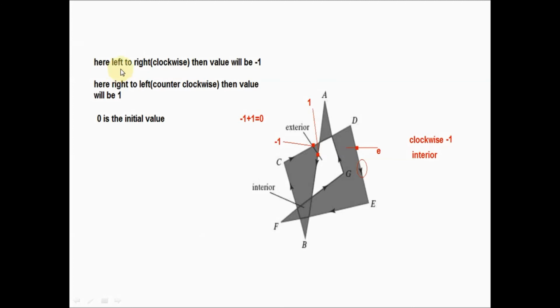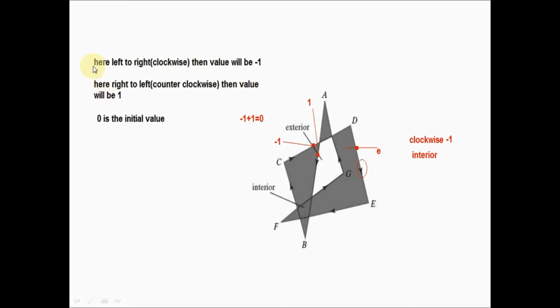Here left to right means clockwise direction, same as the clock moves. And remember, when the edge is moving clockwise, that is left to right, the value will be -1. Now if the edge is moving from right to left, that means counterclockwise, the value will be 1.